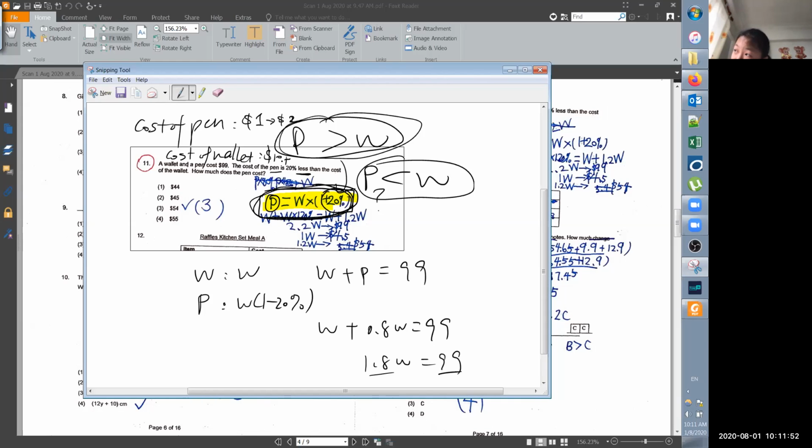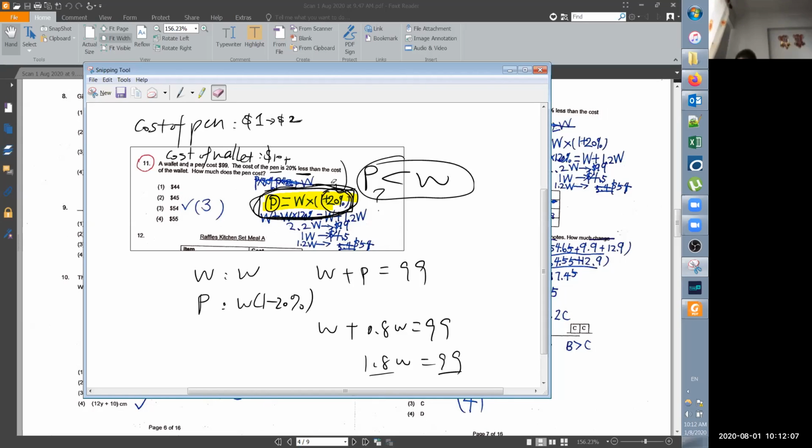That means $10 plus. So this is a very general estimate of the cost of a pen and the cost of a wallet. Of course, some pens are so expensive, but we are not talking about those expensive, luxurious items. But clearly here, your common sense should apply. A pen cannot cost more than a wallet. That means if you use your common sense here, you will not make such an equation.